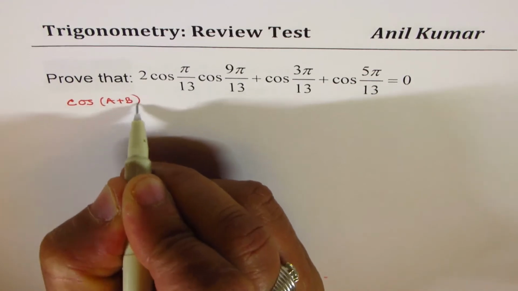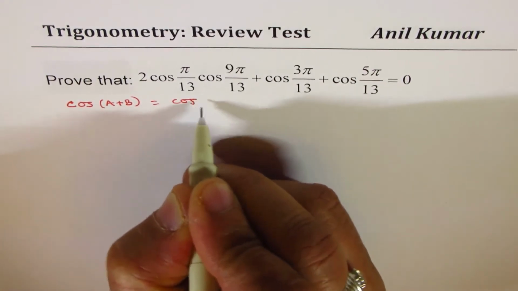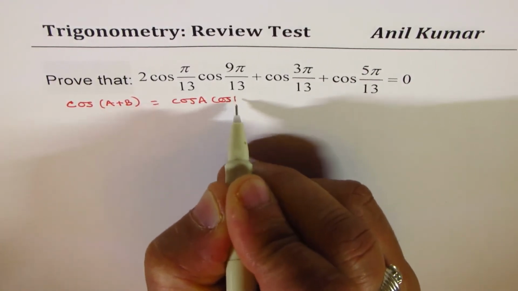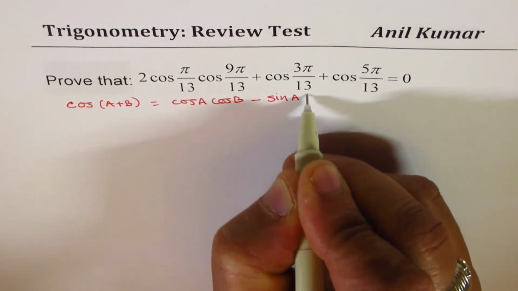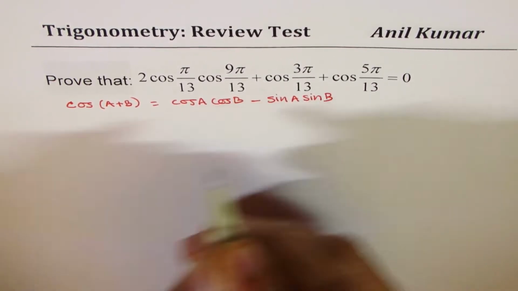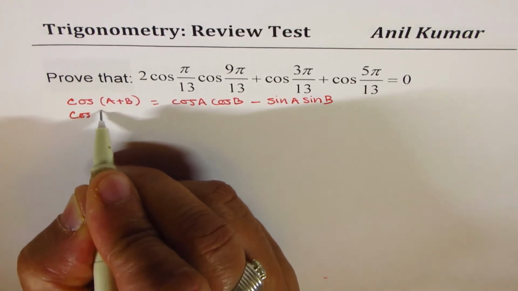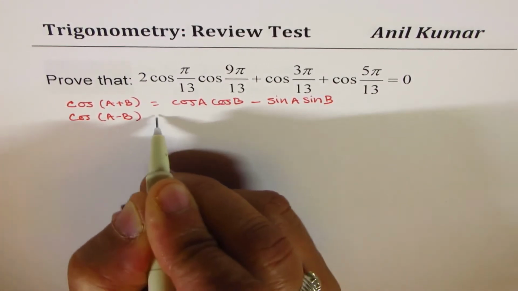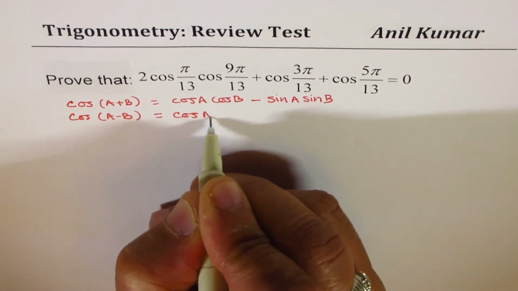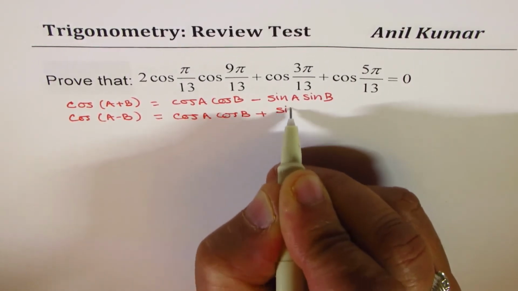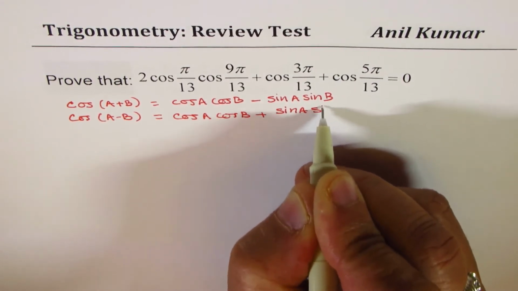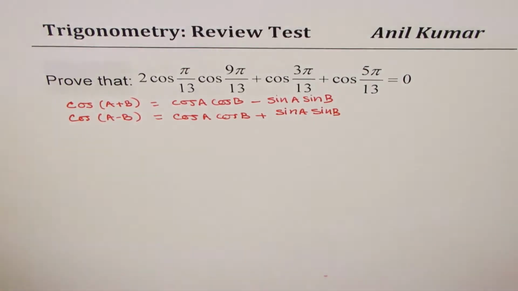We'll start with the compound angle formula, which is cos A cos B minus sine A sine B. And if we have cos(A minus B), you could write this as cos A cos B plus sine A sine B.